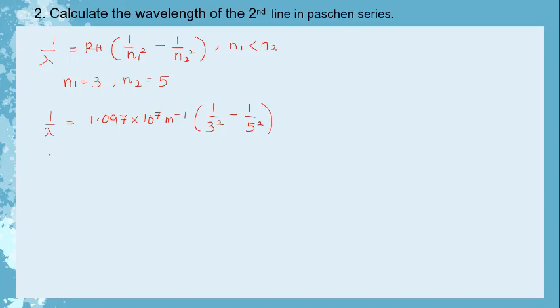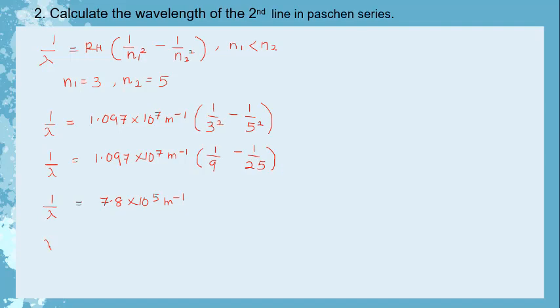Let's solve this calculation. 1 over 3 squared equal to 1 over 9, and 1 over 5 squared equal to 1 over 25. The answer for this calculation is 7.8 times 10 to the power of 5 per meter.